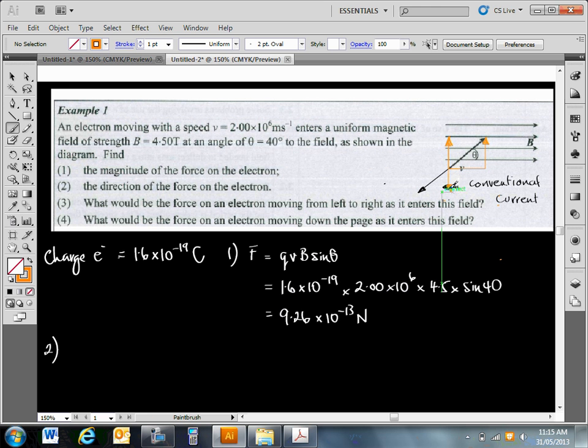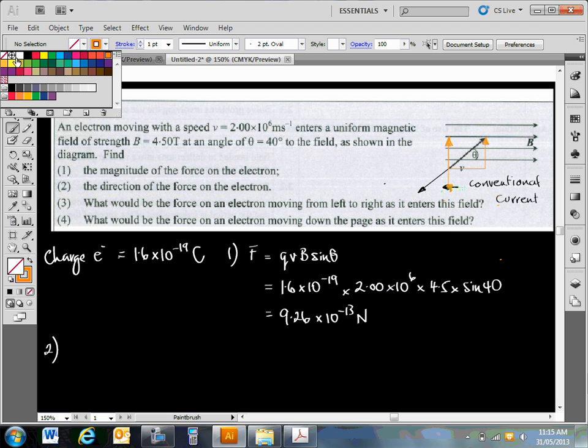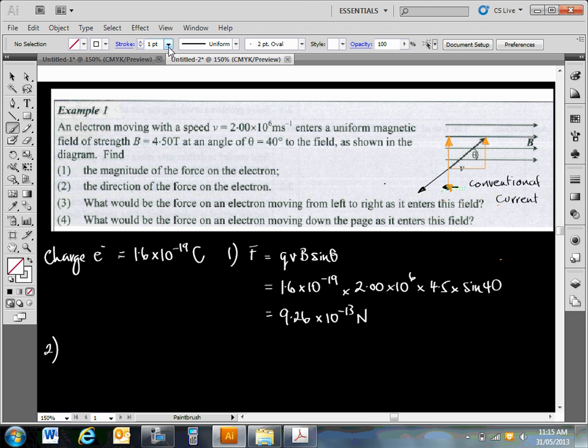That's the direction in which I'm going to point my thumb, down the page. I'm going to point my fingers in the direction of the external magnetic field. And if you do that with your right hand, your palm will be facing us, or out of the page. Out of the page.